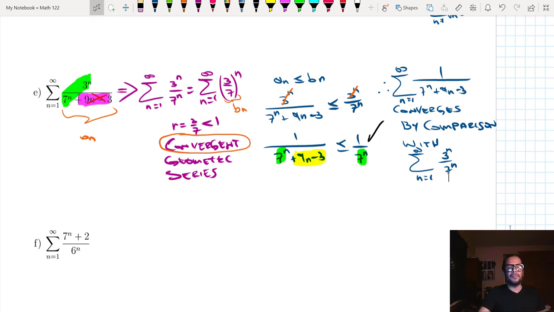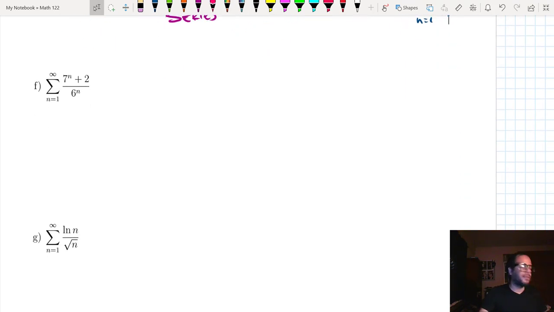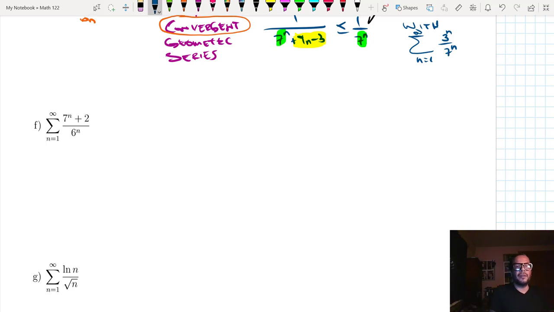Okay, let's look at another example. Let's look at the last couple examples. This also reminds me of a geometric series because we have 7 to the n over 6 to the n. If we combine them, we would have 7 over 6 to the nth power. However, the reason why this is not quite a geometric series is because of this plus 2 in the numerator.